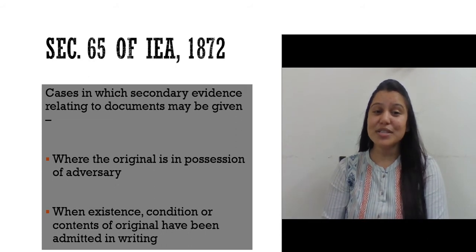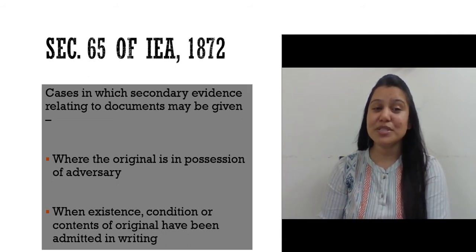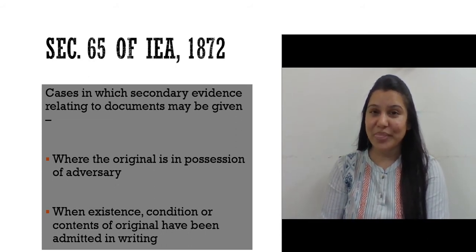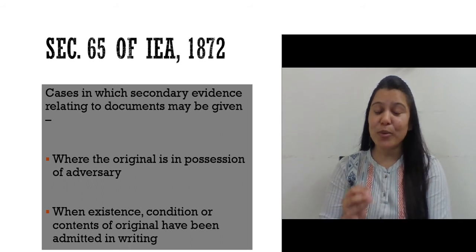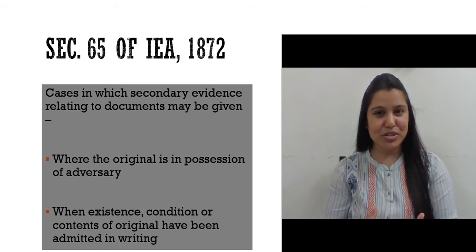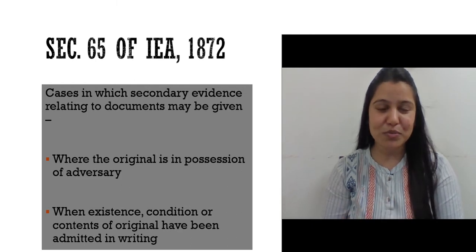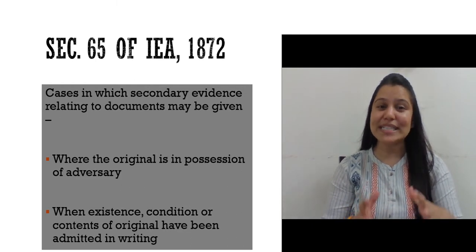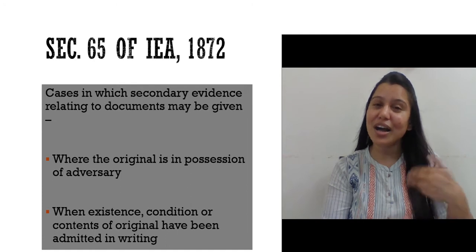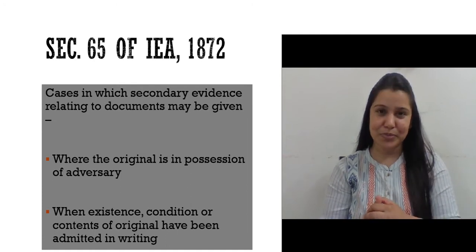Now, the first one is when the original is in the possession of the adversary, right? The very first point is when the original, and of course, you need to prove it in front of the Honorable Court that it lies in the possession of the other party who's against you, who's the adverse party.